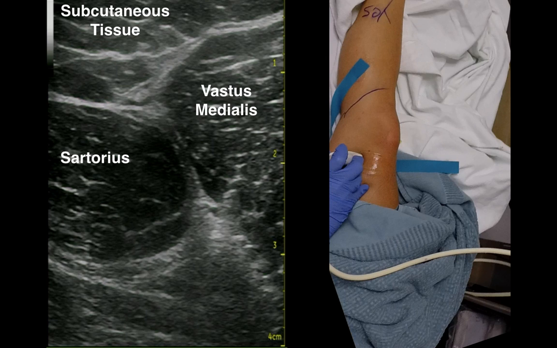In this example, the injection is within the investing fascia of the sartorius muscle and will not result in an effective block of the saphenous nerve.